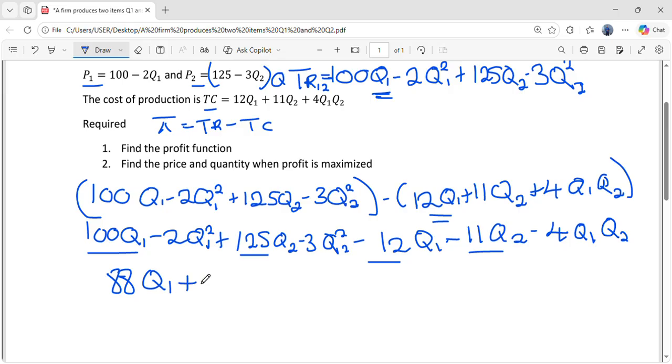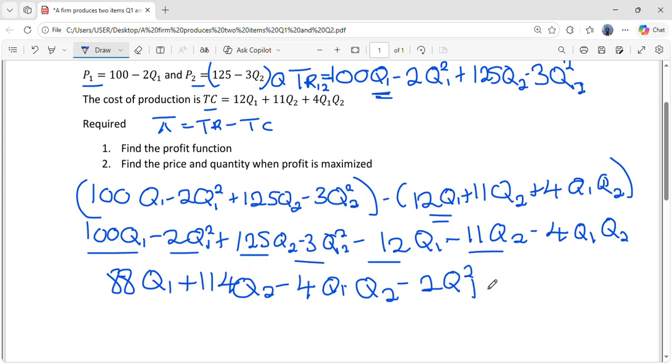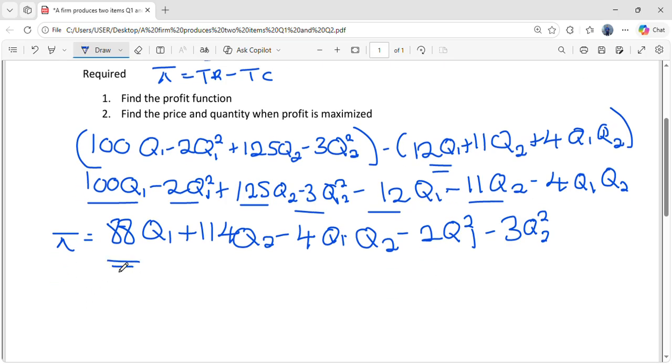When we subtract, they give us 114Q2 minus 4Q1Q2 minus 2Q1 squared, and lastly we have negative 3Q2 squared. So this is the joint profit function that we have calculated. So this is simply number 1.